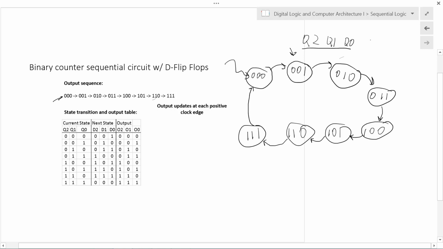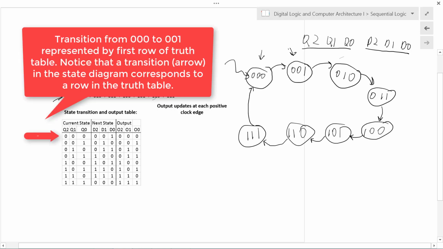Our next state variables, D2, D1, D0, would be for the next state. So current state, next state. And we could say the output is the same as the current state and simplify our lives.